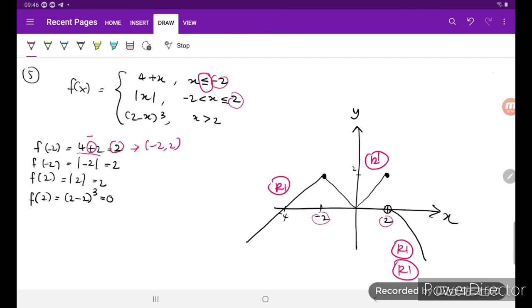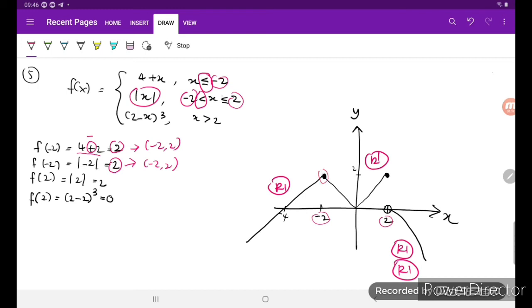And then we calculate f -2 again for this function. So you will get 2. In this case, also -2, 2, but white dots. But the white dots intersect with the black dots, so it will still be black dots.